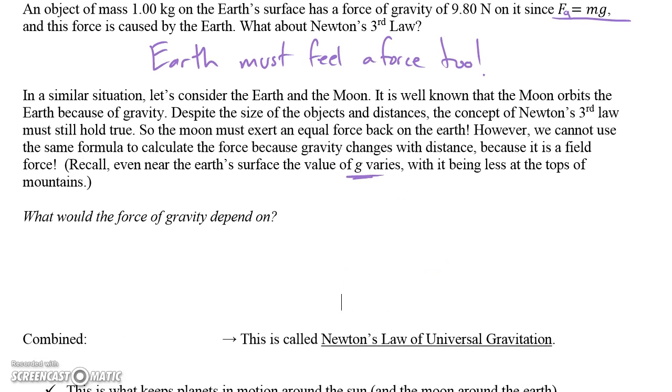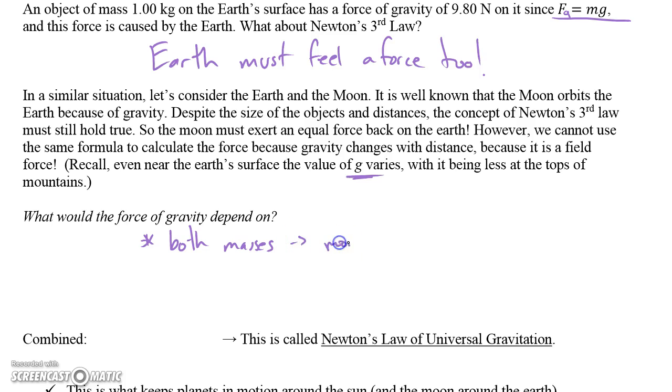If we're at the surface of the Earth and gravity depends on mass, then going away from the Earth that hopefully shouldn't change, and it doesn't. This time it will depend on both masses because we have two objects.